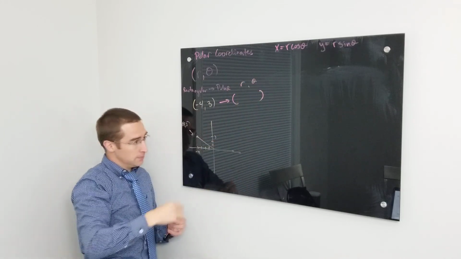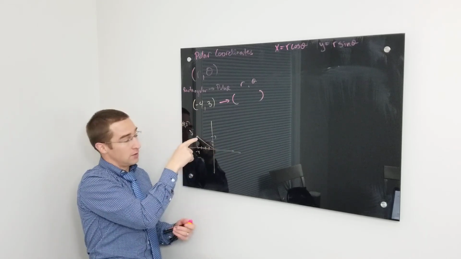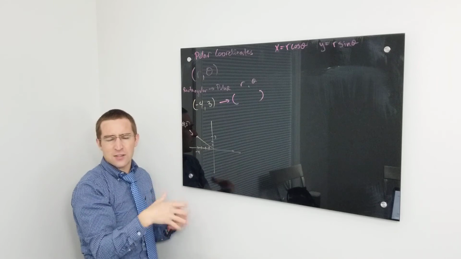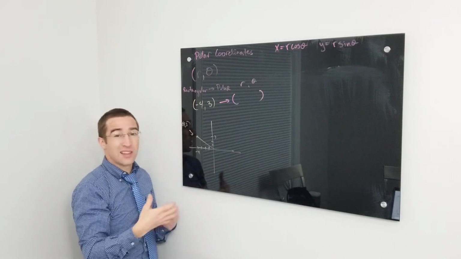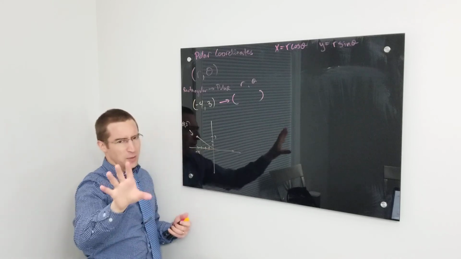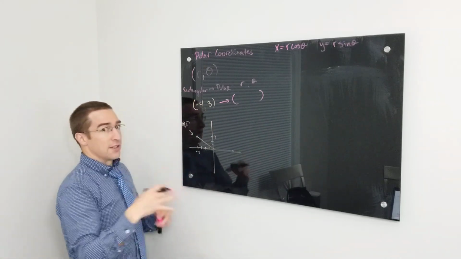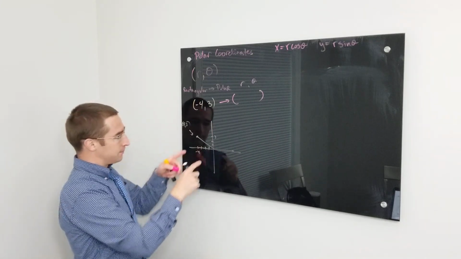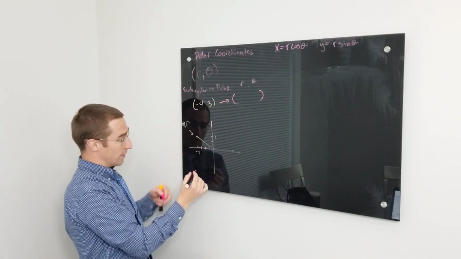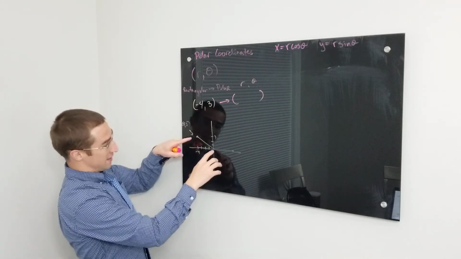So we need to know the distance from the center to the point. For what we're doing here, we can just let r be greater than or equal to 0. It could be negative, but don't worry about that. We want to know this distance, right?